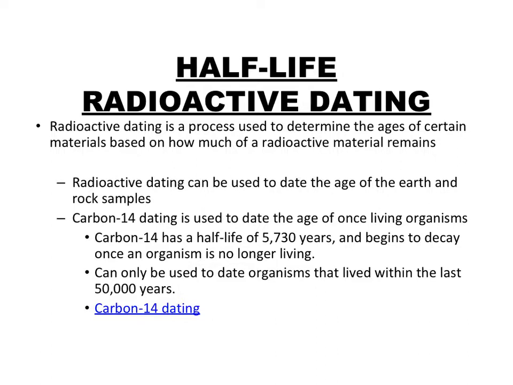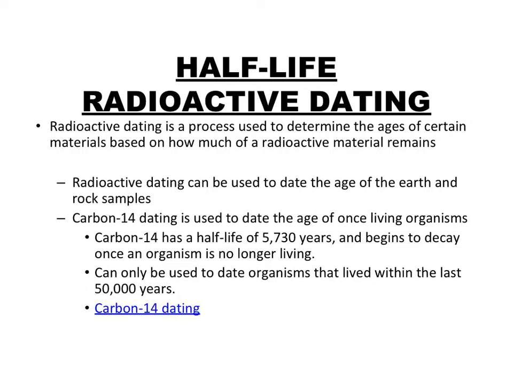So one of the cooler things, like I mentioned, is radioactive dating. We can use radioactive material in order to figure out the date or age of different rock samples or samples that we found from Earth's material. So scientists most often are going to use carbon-14, and you can use that to understand the age of an organism or rock sample.